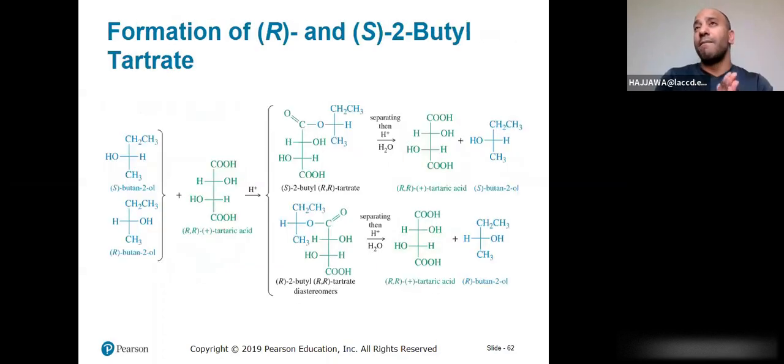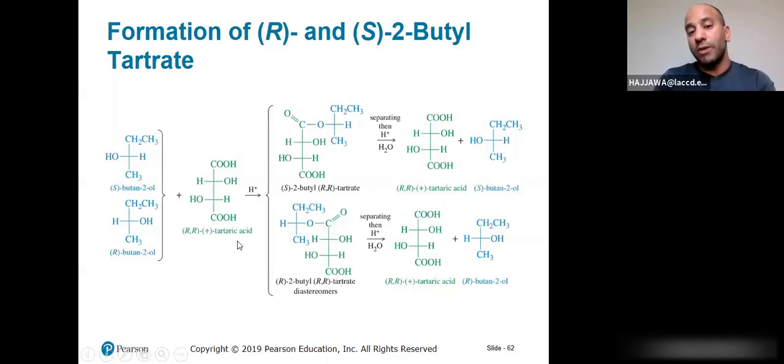where, if I have a mixture of enantiomers, I can separate them using the physical properties of the corresponding diastereomers. What is that supposed to mean? I'm starting with an enantiomer. How can I make a diastereomer out of it? Here's an experiment. S-butanol mixed with R-butanol. So I have a mix of enantiomers. I react them with a chiral compound. That's the resolving compound. It already has defined chiral centers.